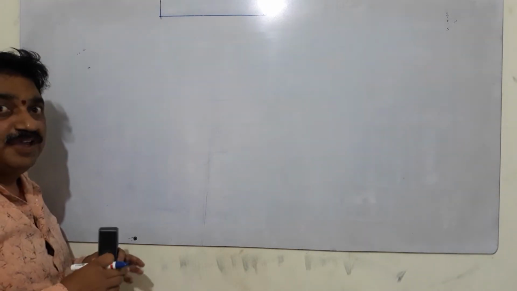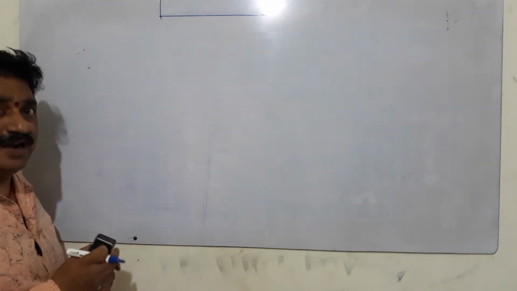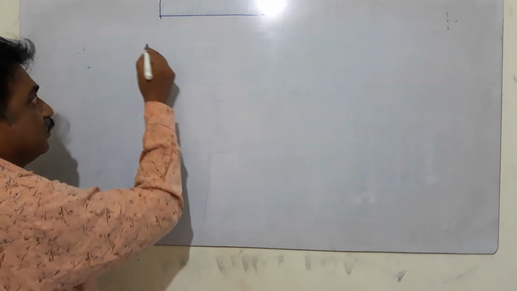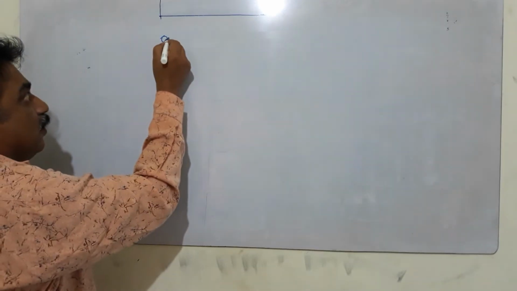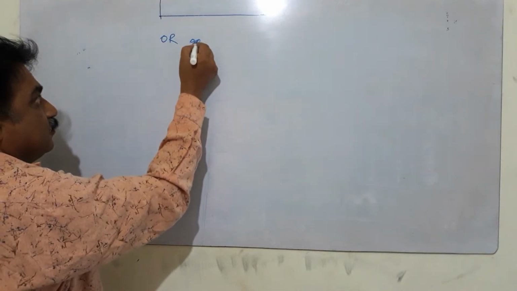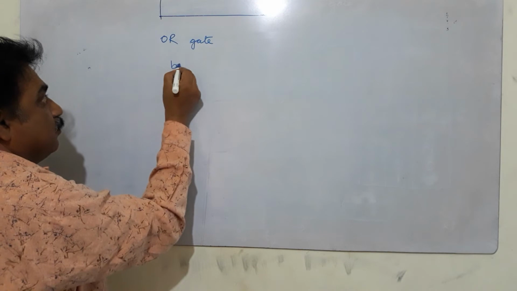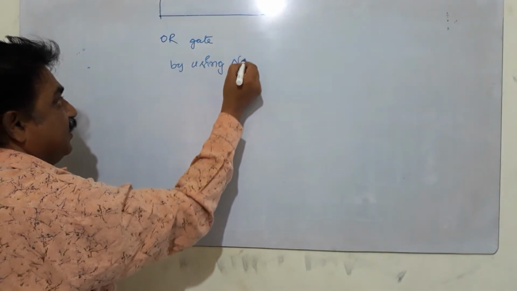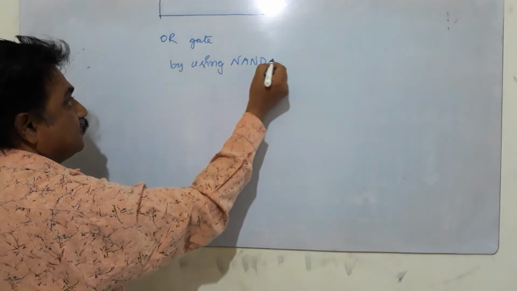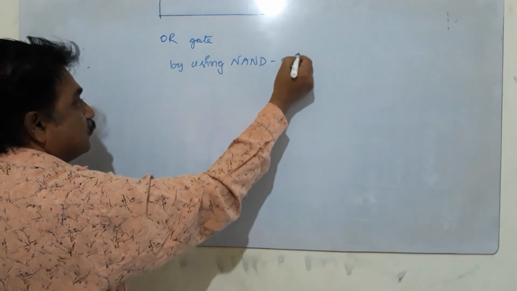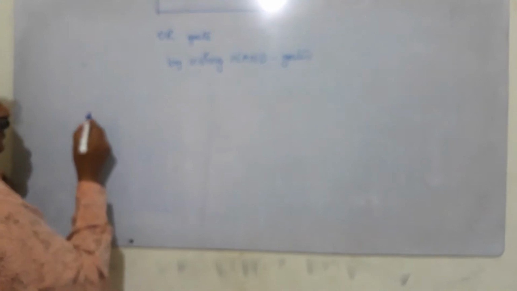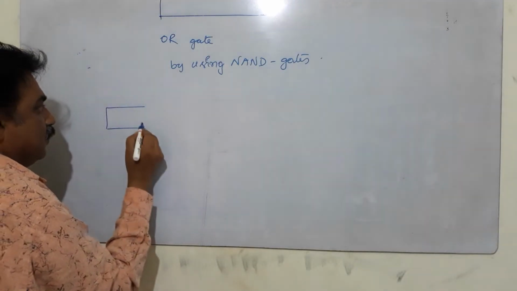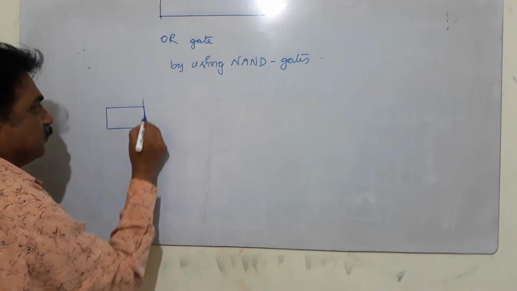Now implementation of OR gate by using these NAND gates. Here I am using 3 NAND gates just like this.